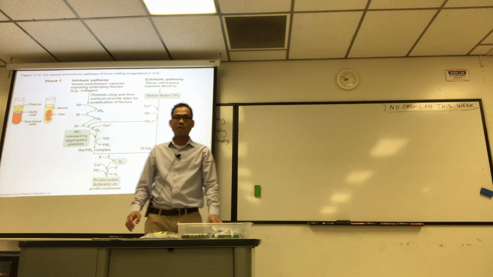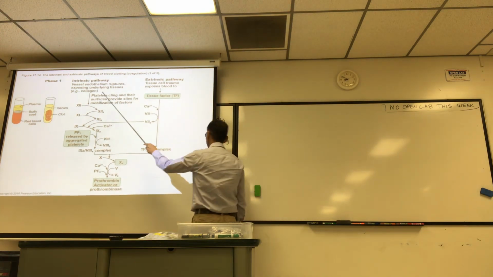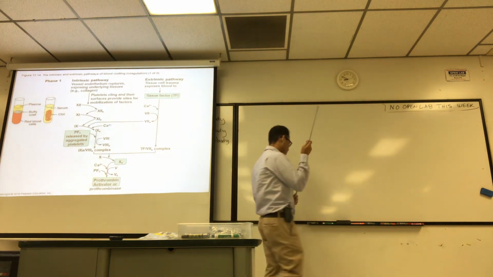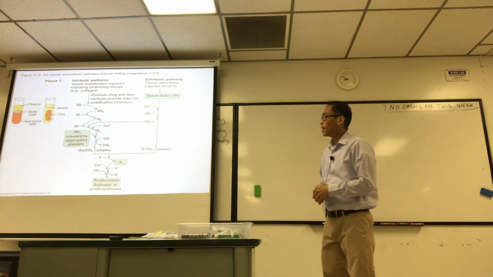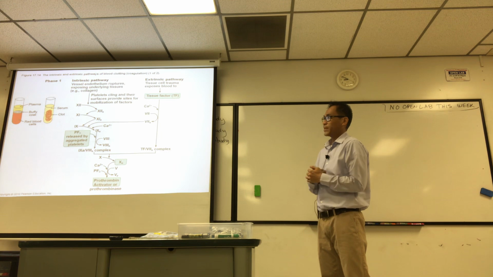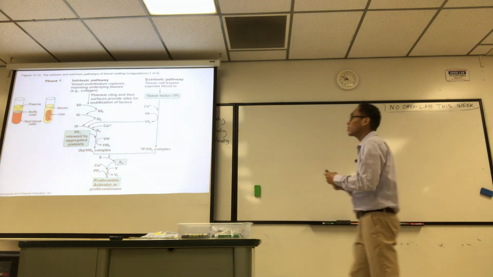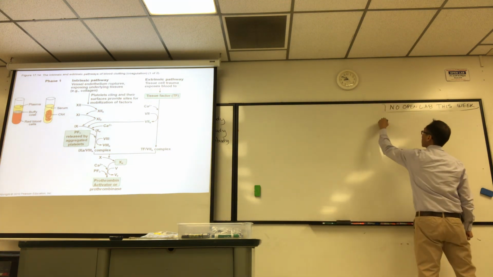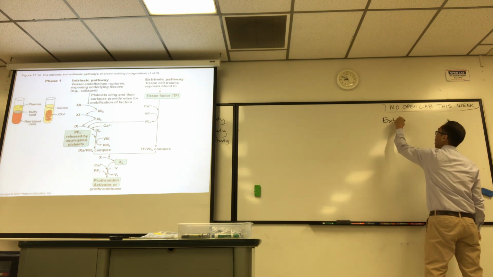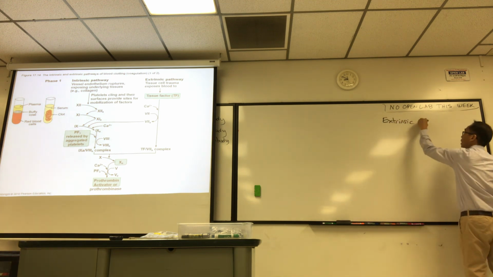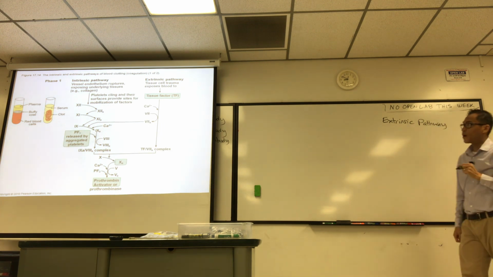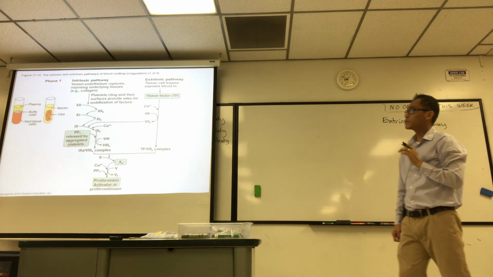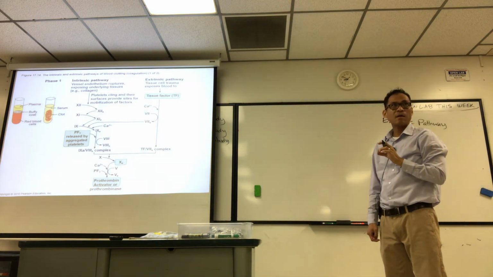Which one looks quicker? Extrinsic or intrinsic? Extrinsic, good. So this is a cascade, and one you've got to know. So let's kind of outline it. This pathway is a little bit quicker, but it requires vessel injury. Okay.